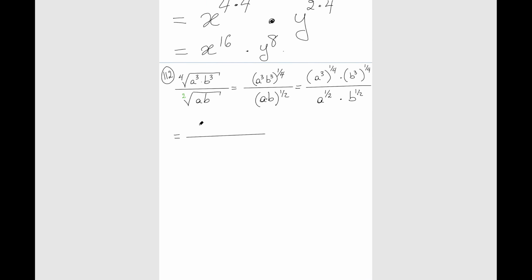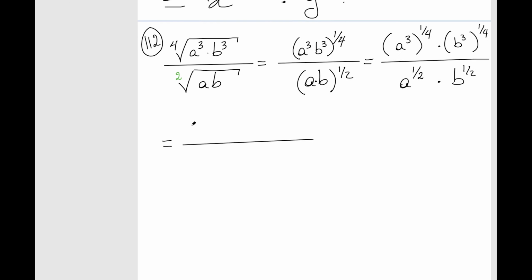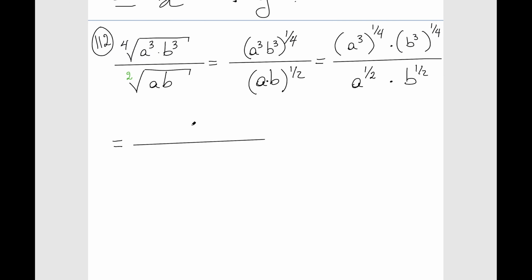So that's going to be a to the power 3 times 1/4 times b to the power 3 times 1/4. Downstairs is a to the 1/2 times b to the 1/2. Okay, what's 3 times 1/4?